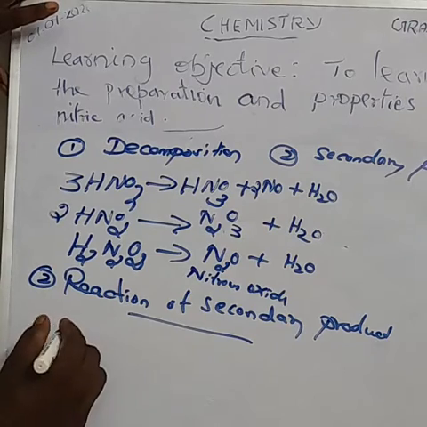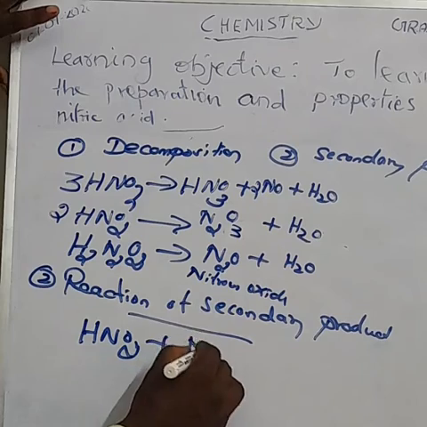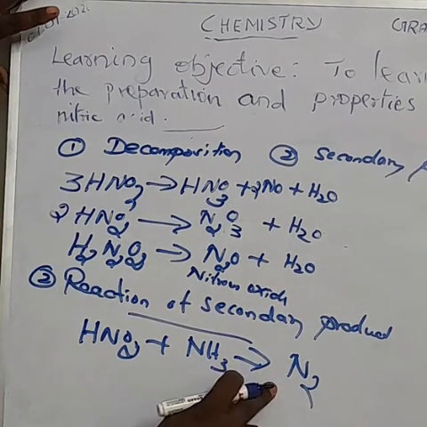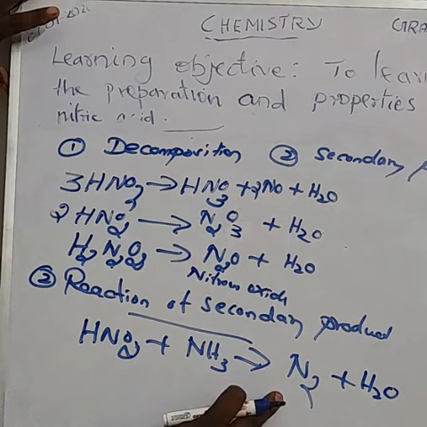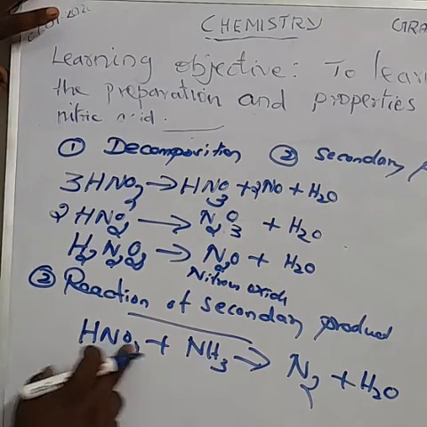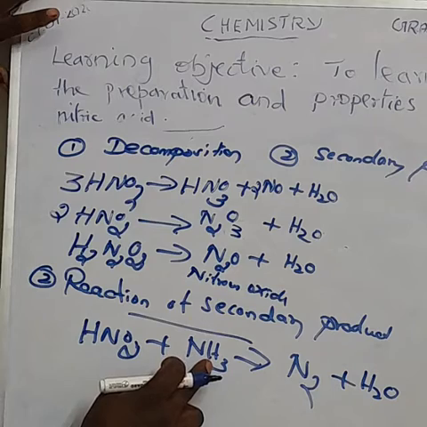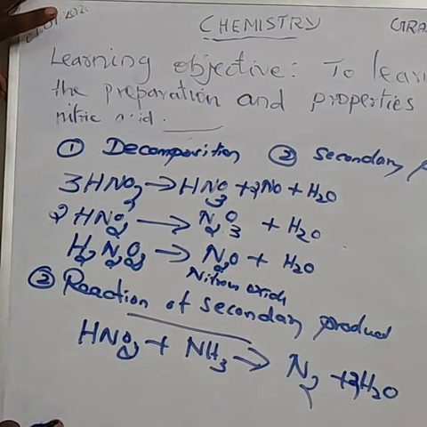Here we are taking nitrous acid with ammonia, NH3. We get N2, that is called what? Dinitrogen plus water. How can you balance the equation? Nitrogen 1 balanced, hydrogen 1. Hydrogen not balanced, so make it 2 here. Oxygen also 2. Now the equation is balanced.